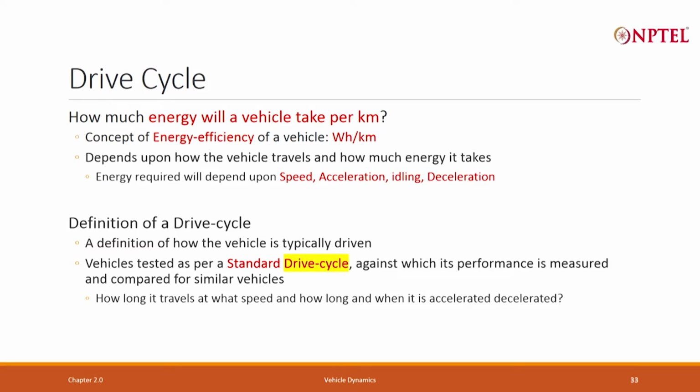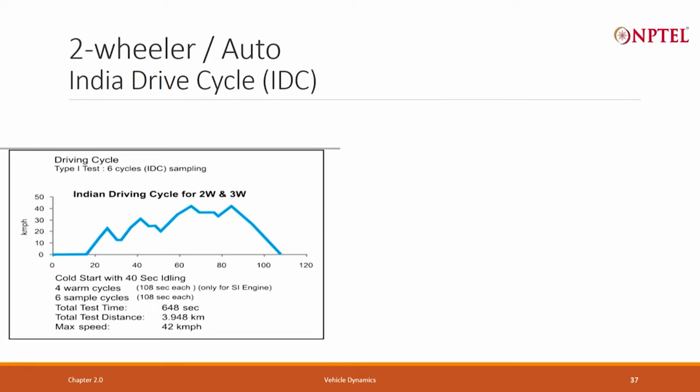We will figure out all these things, and we introduced this concept slowly, and then we defined the first standard drive cycle, the 2-wheeler drive cycle called the India drive cycle. Now, different cities may have different drive cycles. Why?